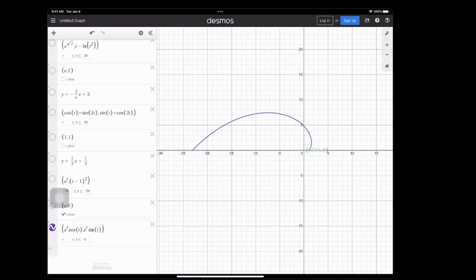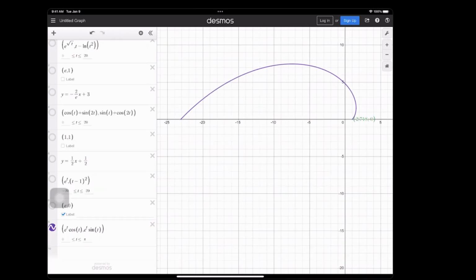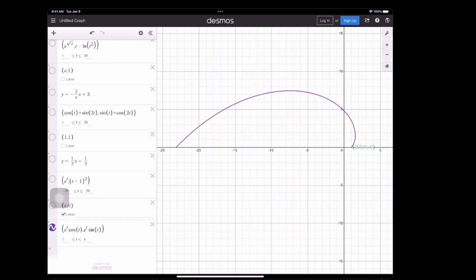All right. Okay, guys, see what we're trying to do? We're going to try to find the arc length there of that curve.